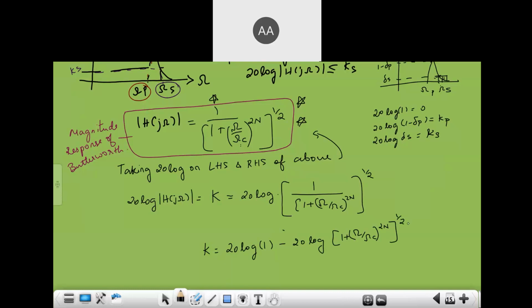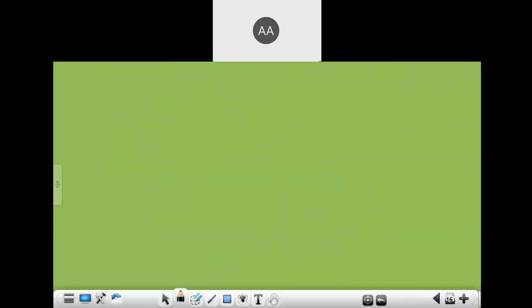So log 1 is 0, so the value of k is minus 20 log of 1 plus (omega by omega c) whole thing to the power 2n, whole thing to the power 1 by 2. What happens to that? I had minus 20 log of, what was there in the previous slide, 1 plus (omega by omega c) whole thing to the power 2n whole thing to the power 1 by 2.